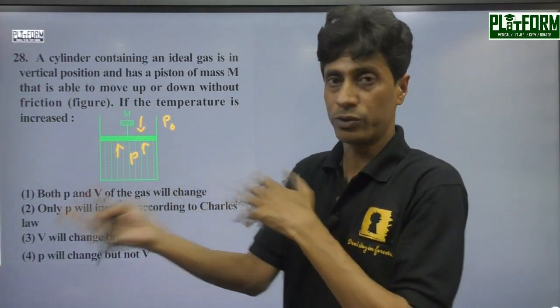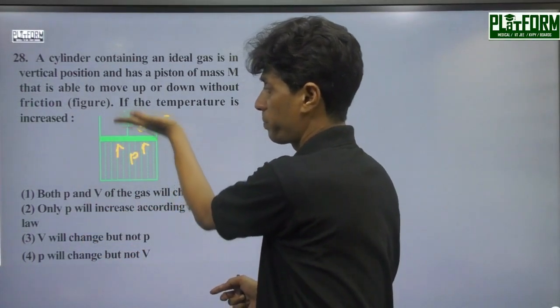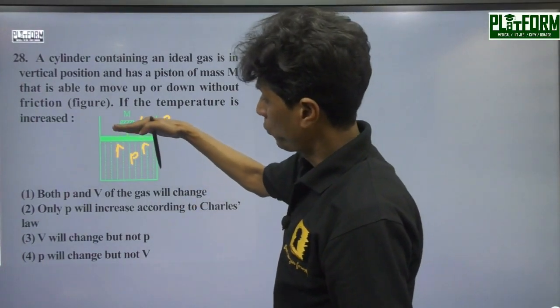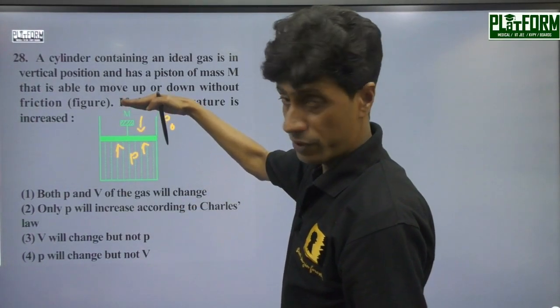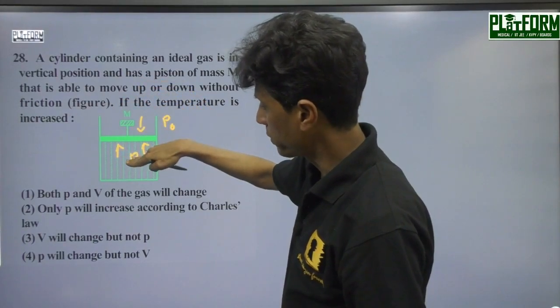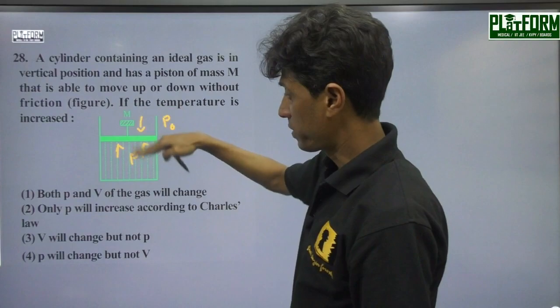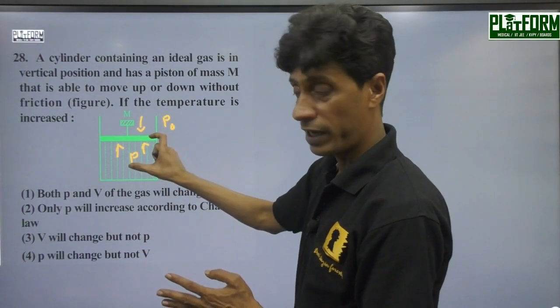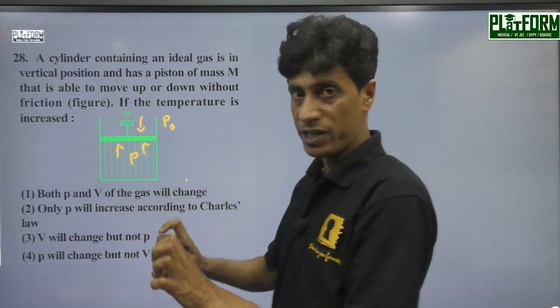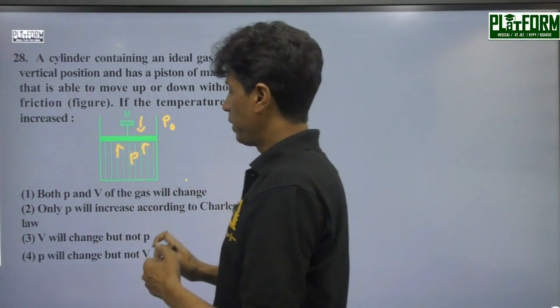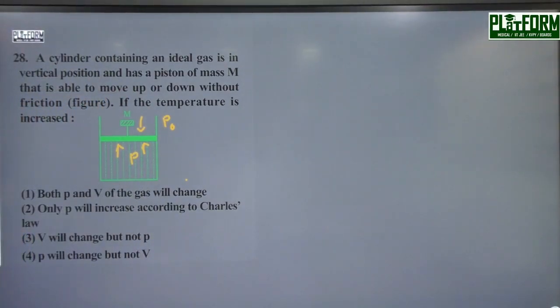There is no energy loss due to friction. So because of this unbalanced pressure, the piston goes on moving up and finally stops when the pressure inside and outside balance each other. So finally the pressure of the gas becomes equal to the initial pressure of the gas. But V, that is the volume of the gas, increases if we raise the temperature of the gas. So the right option here, directly you can say, is 3.